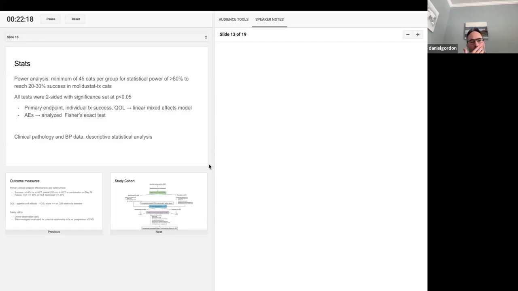All these tests were two-sided with significance set at a p-value of less than 0.05. Their primary endpoints were in a linear mixed effects model. Their adverse events were analyzed by a Fisher's exact test, and then their clinical pathological data and BP data were descriptive analysis.